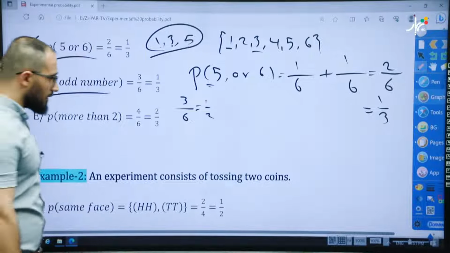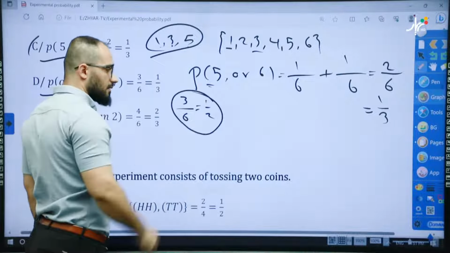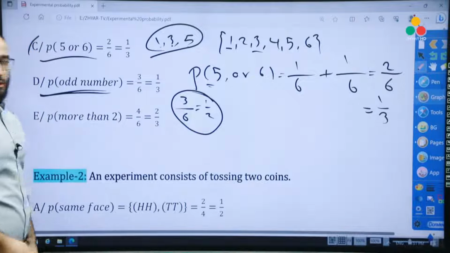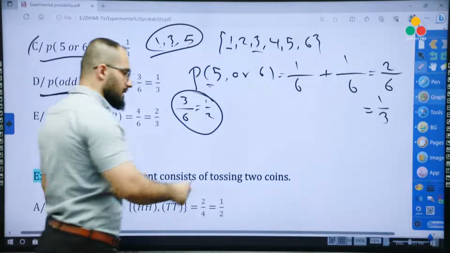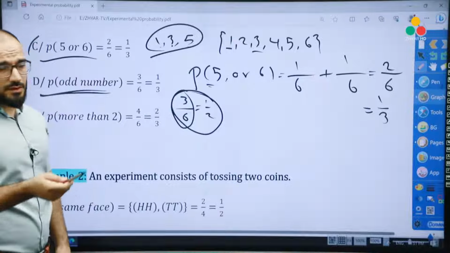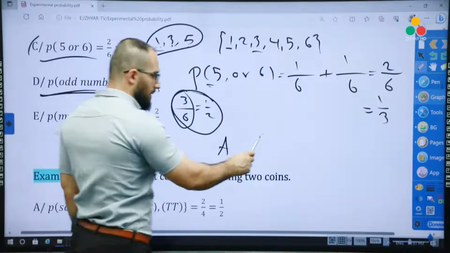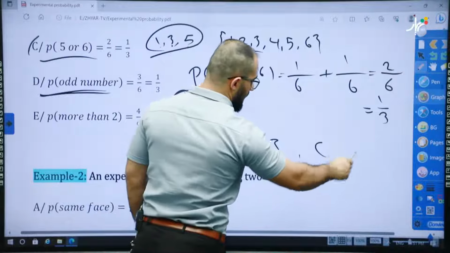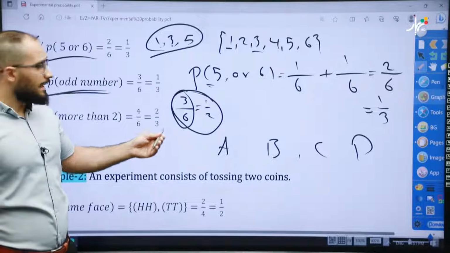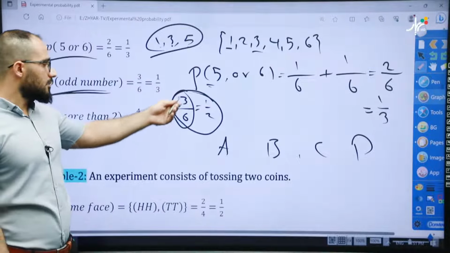Be careful. You have to simplify. Sometimes when you are asked the probability of an odd number, when you look at the answer choices, you cannot see 3 over 6 among the results. Let's say we have A, B, C, and D, and you cannot see 3 over 6. That's why you have to simplify it.